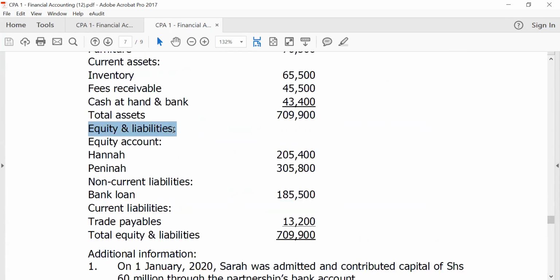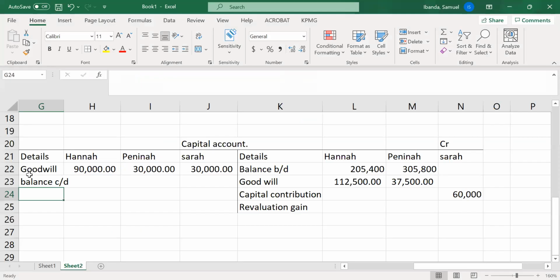Now, equity, total liabilities and equity. Under equity, you now have the capital balances for each of those partners. Whatever balance you have as your balance brought down, carried down here, will now be your capital balances.